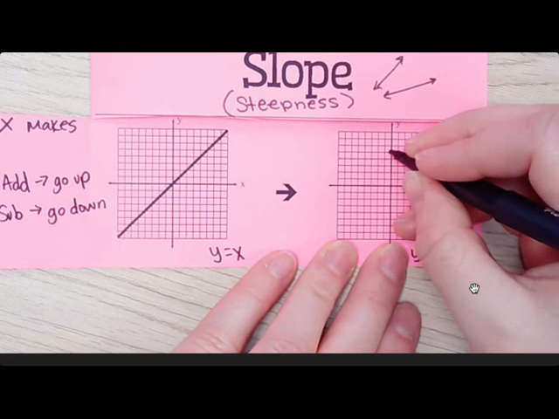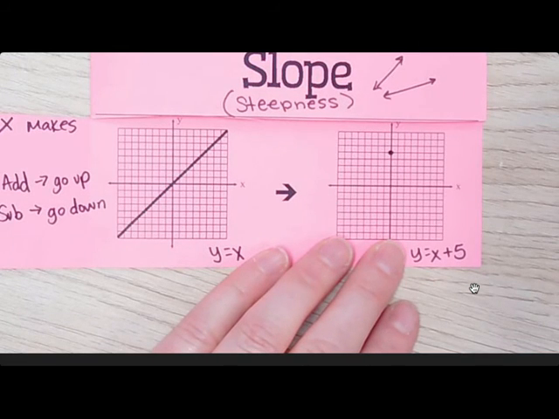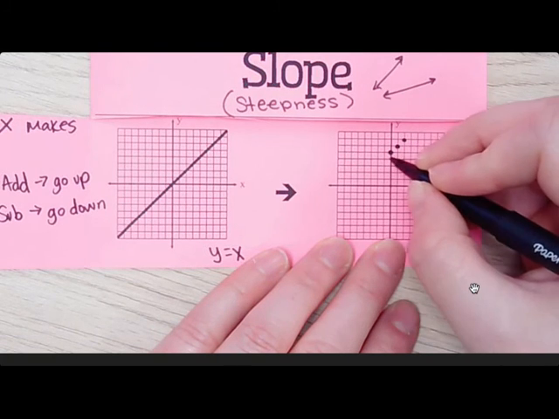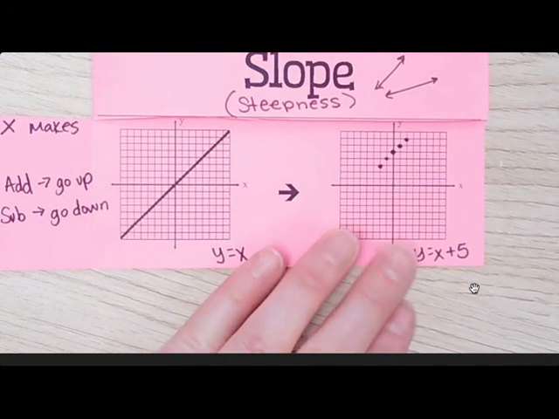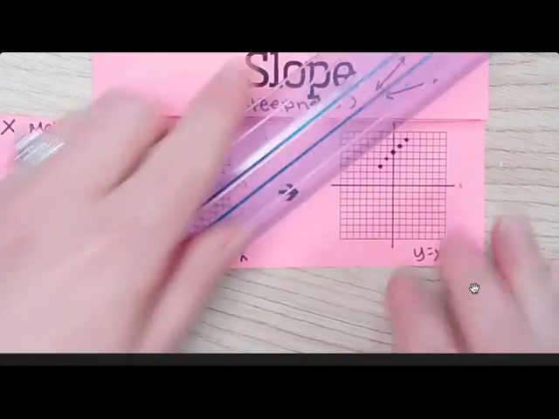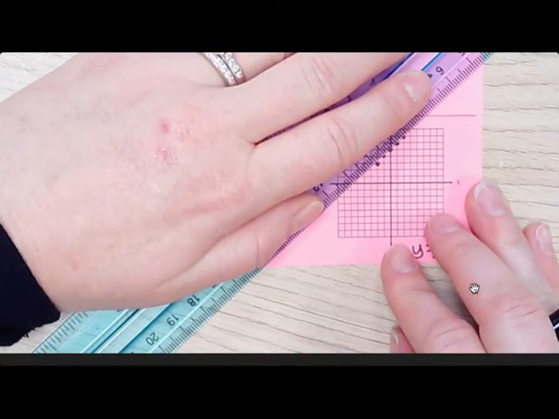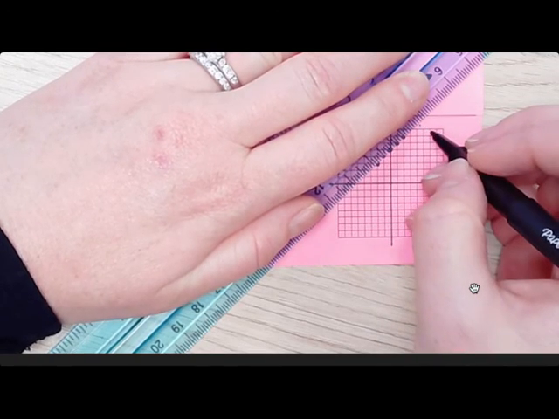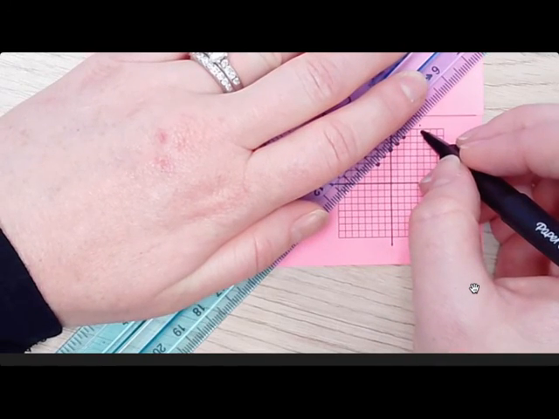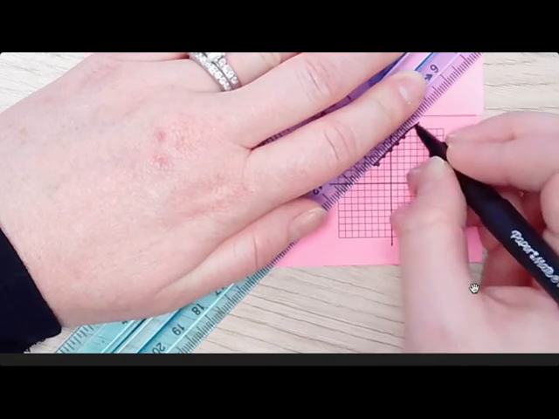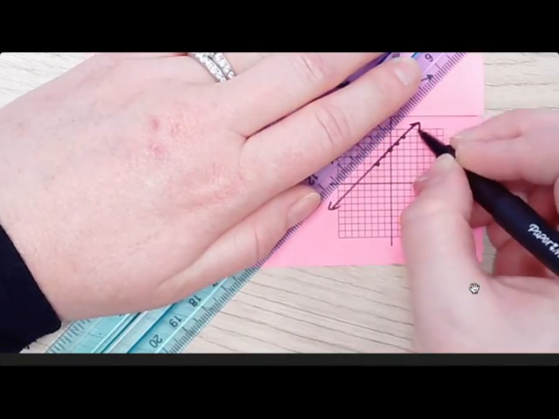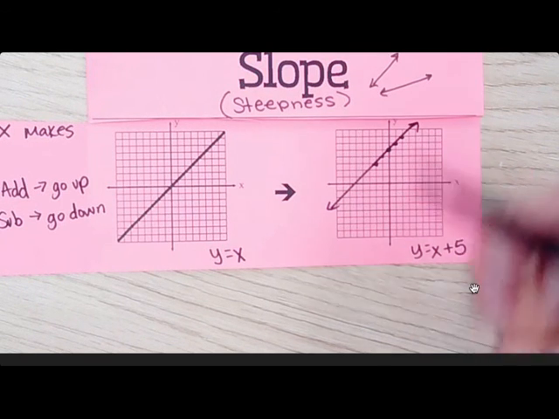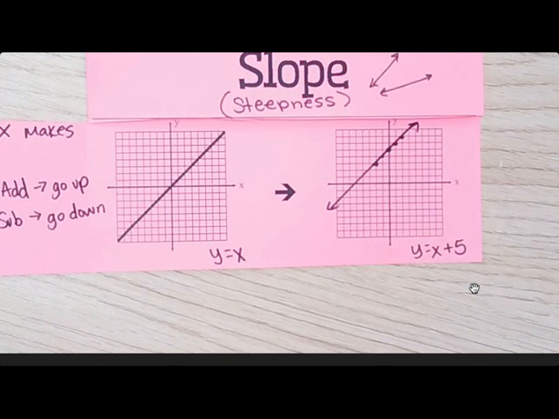Put a point on the y-intercept, and then our slope is just 1. Connect your dots. So that's a translation up.